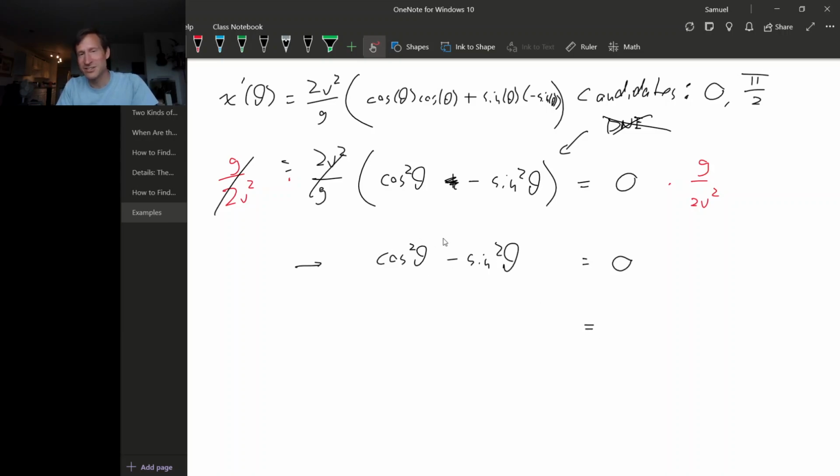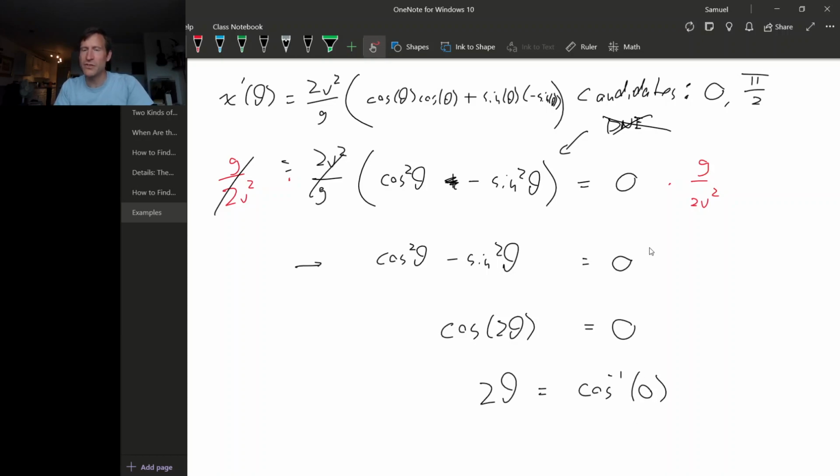One nice way is to remember that cosine squared theta minus sine squared theta is actually part of a double angle identity. This is the cosine of 2 theta. Now we can just take inverse cosine. So 2 theta is inverse cosine of 0.